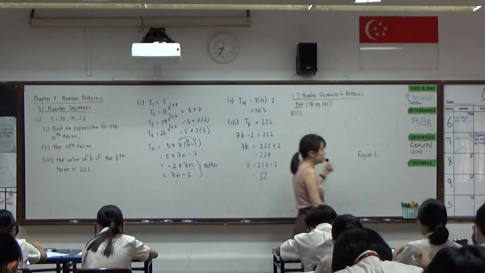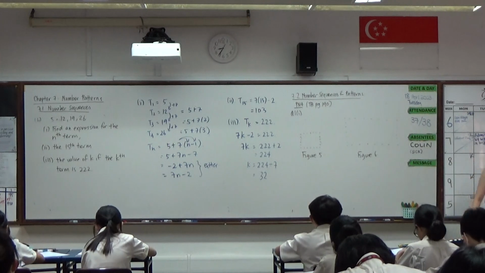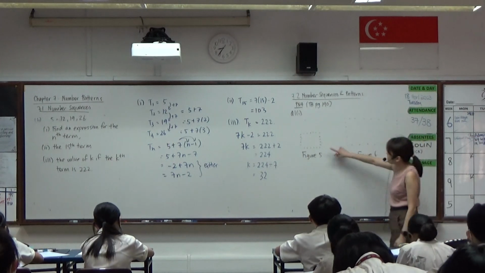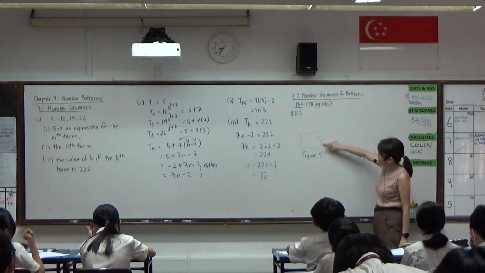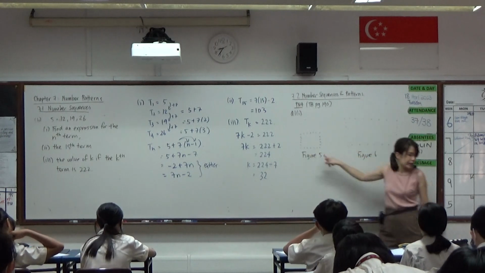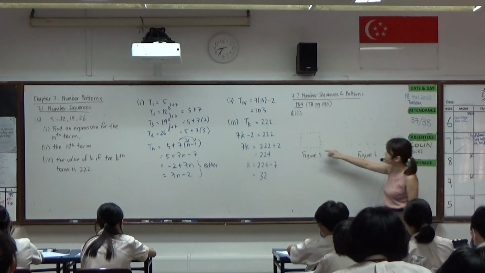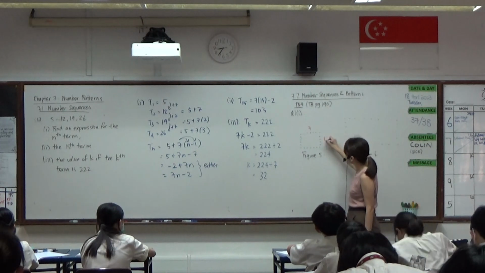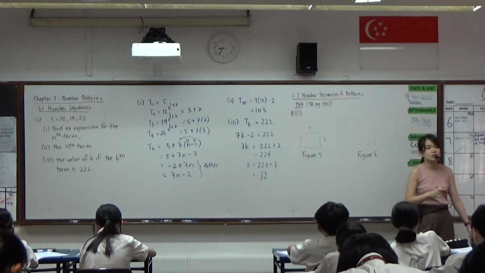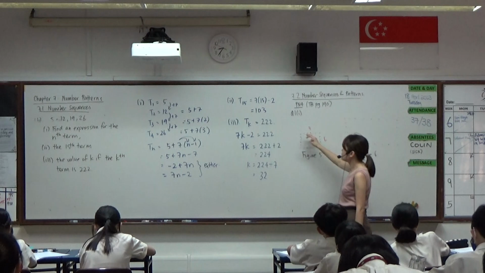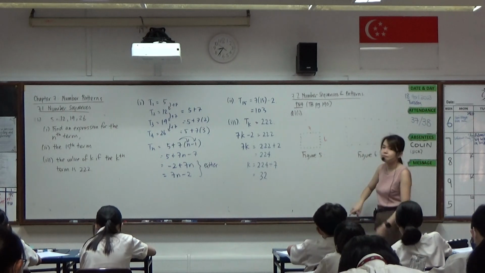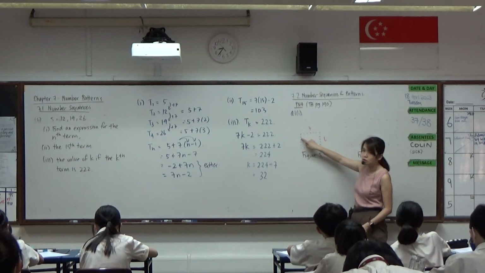You see for figure 5, it may not be clear, but there should be 6 dots on the side here, and 7 dots. So it should be 7 dots and 6 dots. Please check your own work and make sure that they are aligned, because this whiteboard has a hole, that is not a dot.